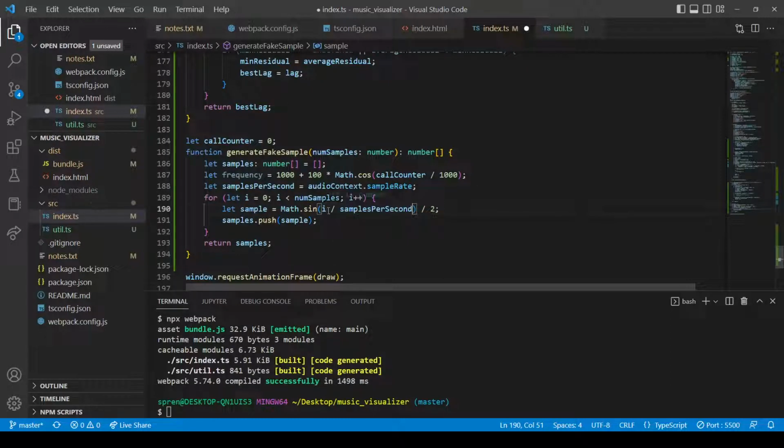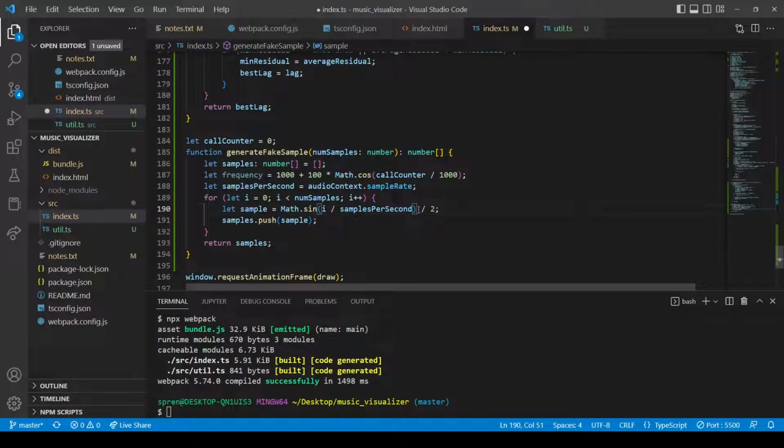okay, so we've got 0. Imagine it's a second, right? Okay. So we're going to iterate 0 to 44,000. And when we get to 44,000, if we have a frequency of 1, then we should expect to complete the circle.